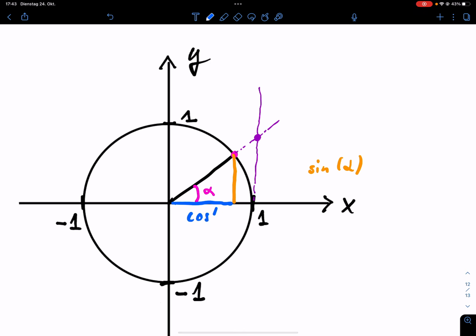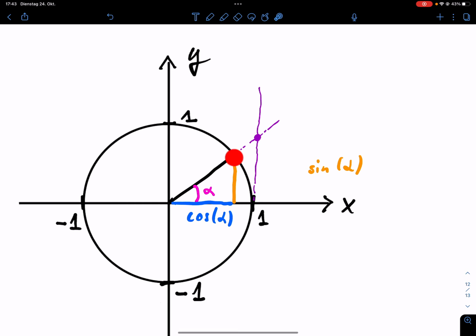cosine of alpha, and because, now careful, this triangle here, the small one, and the large one here, they are similar, meaning the large one is just a blown up version of this one here. That means the sides are similar in ratio.